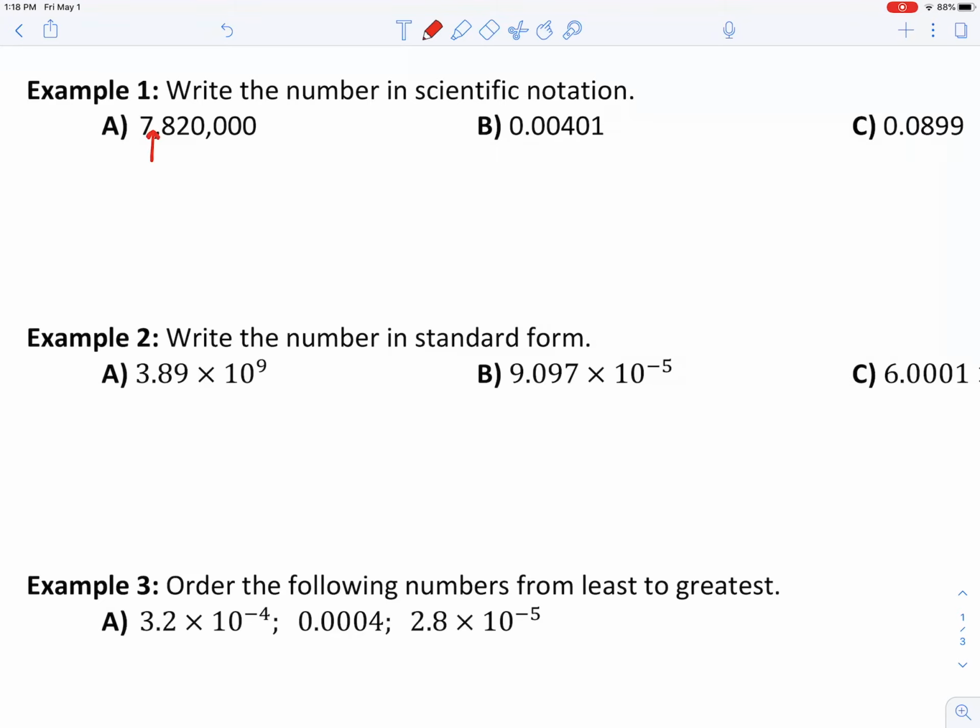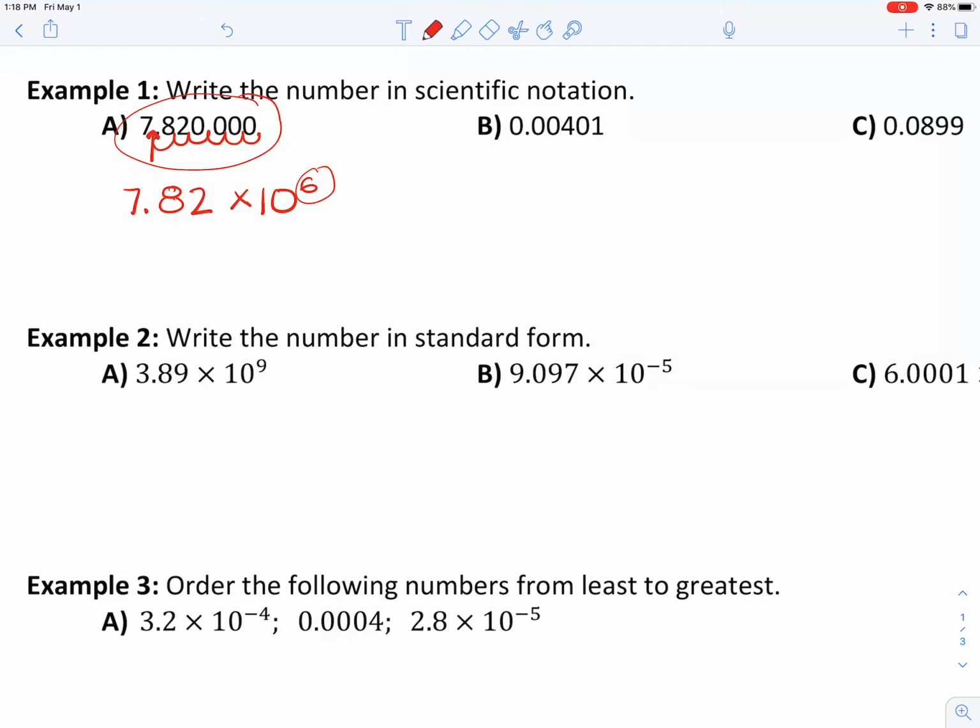All right, example 1, we're going to write the numbers in scientific notation. So right after the 7 is where we want the decimal place to be. So it's going to be 7.82 times 10 to that, and now let's figure it out. So we move it 1, 2, 3, 4, 5, 6 spots.